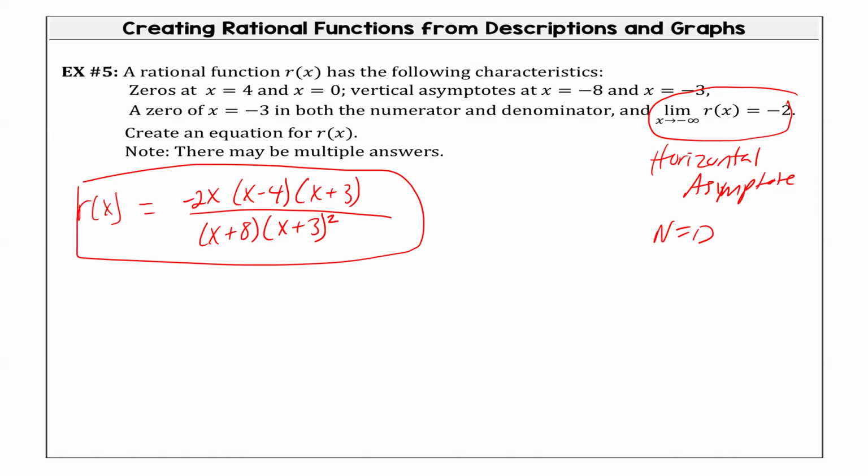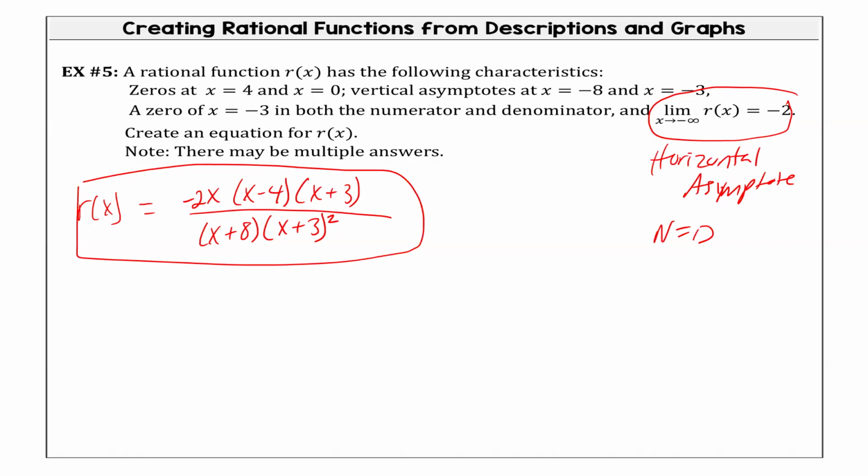Hard. So hard working backwards. But it makes sense. If we can work backwards, that means we understand what we did in the previous section. Okay? So again, zeros come from the numerator.